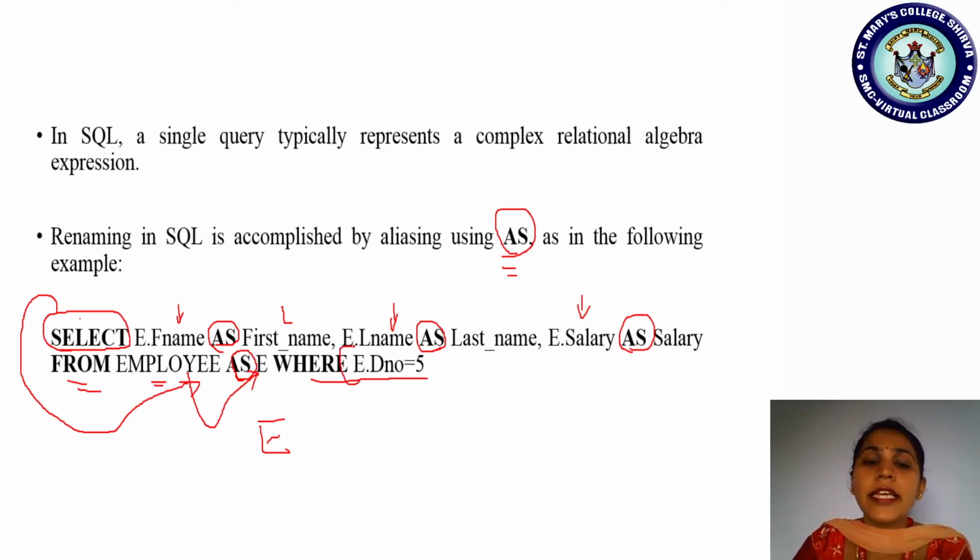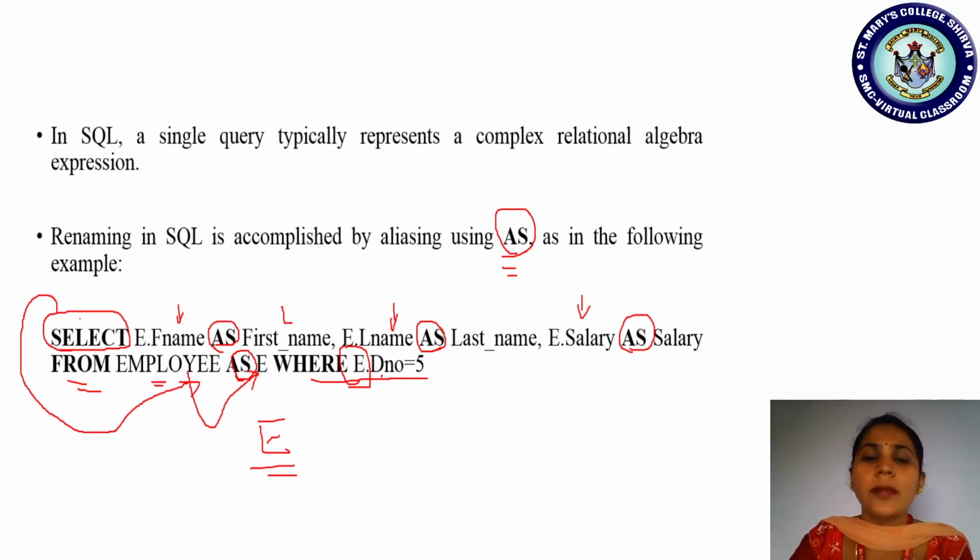Why the term E dot here? Because just now we renamed the employee table with the new name E, right? So from that table E, it has to select which column name? Dno. So whatever new name we have just now given to the employee relation, with that name, using the dot operator, you should tell from that relation which is the column.